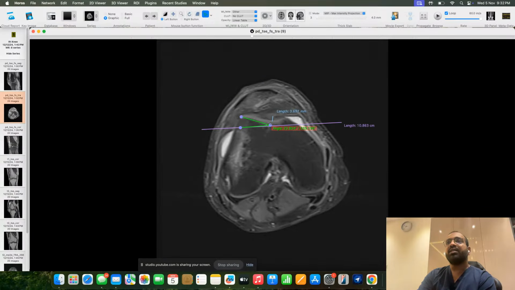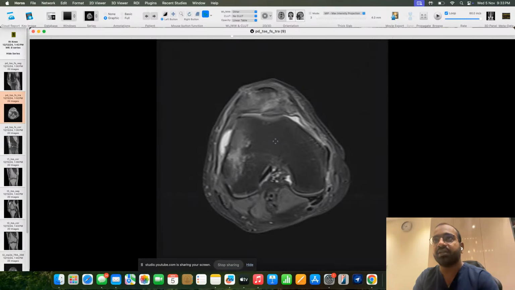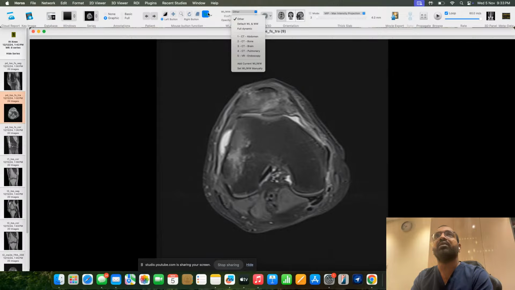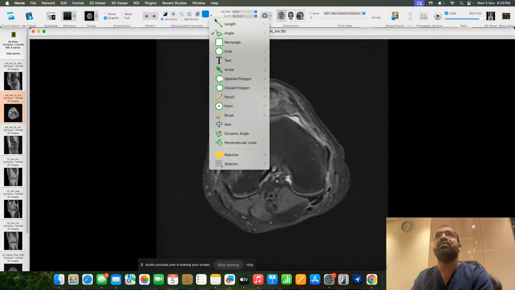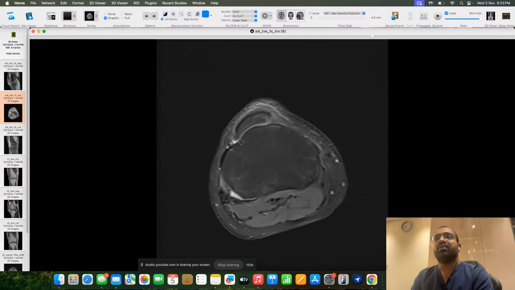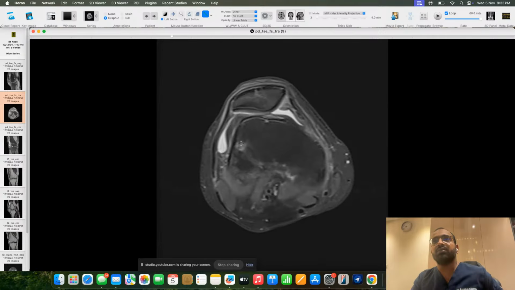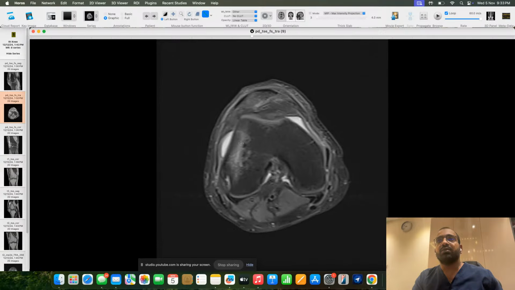Then we need to take the lateral to medial facet ratio. How do you take it? It is again the same. Take the length tool. If it is almost 50%, more than 50%.